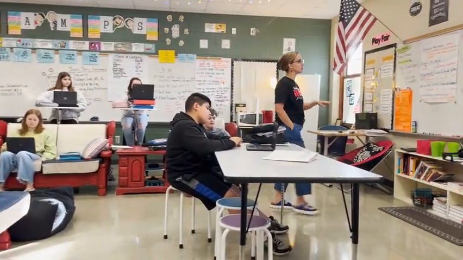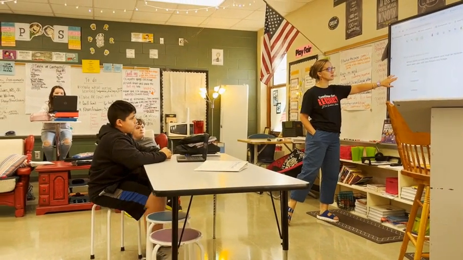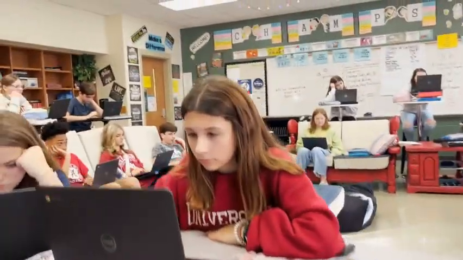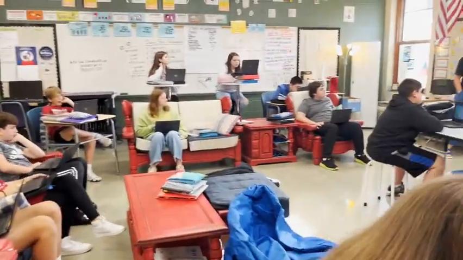Okay. So go ahead and see if you can answer this question. What kind of sentence is this? You've got all four choices there. Think about your punctuation for compound and complex sentences.